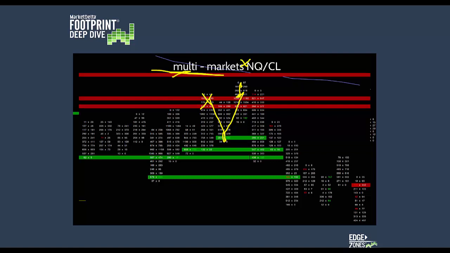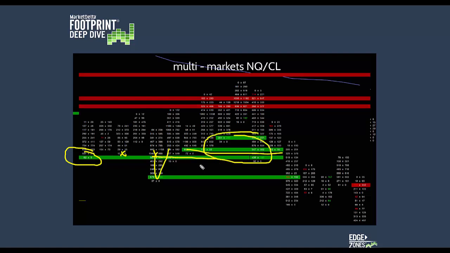But you can't make this stuff up. You got support that was put in here, and it works. They start to move through, but then it comes back in, throws in some more green. Is this area going to be supported till it's not? Yes. Was it? Yes. Very important to understand.